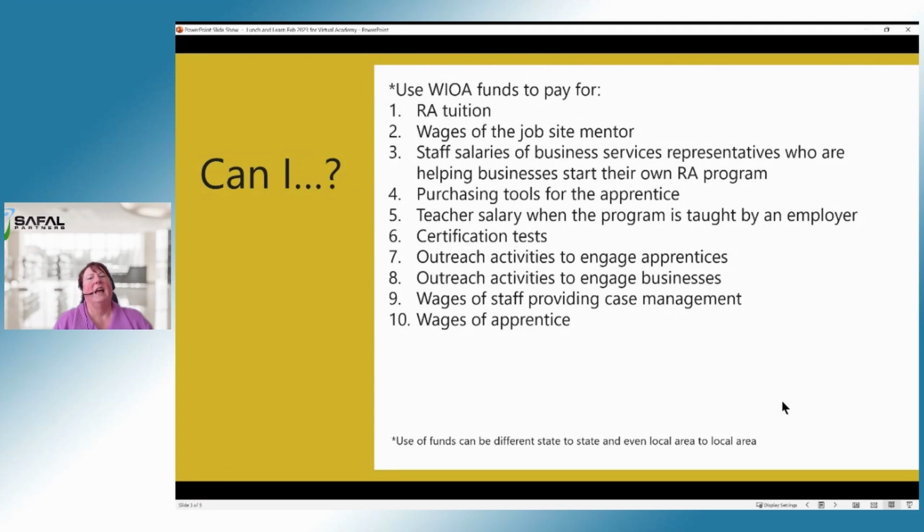Awesome. That's exactly right. As a matter of fact, we have had some webinars and such on how do you engage apprentices? How do you engage businesses? And all of those activities are allowable using WIOA funds as long as you are talking about the program.